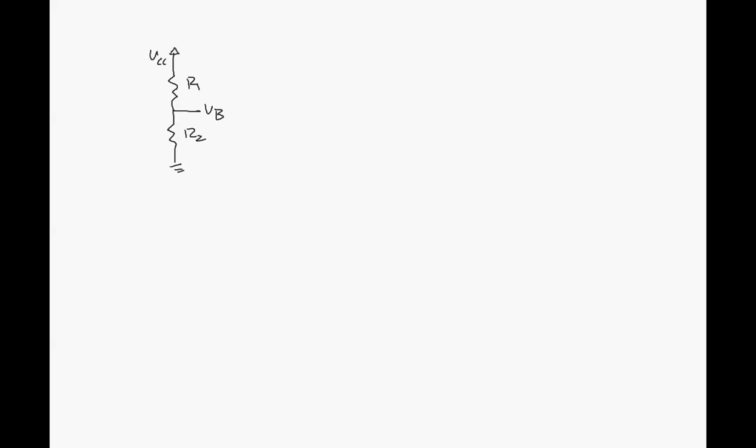I could redraw it like this as just a Thevenin source. Call that VBB. Feeding a resistor, RB, and we have a voltage here of VB.